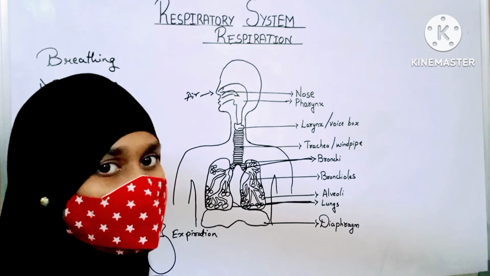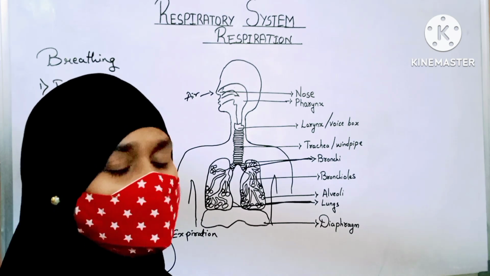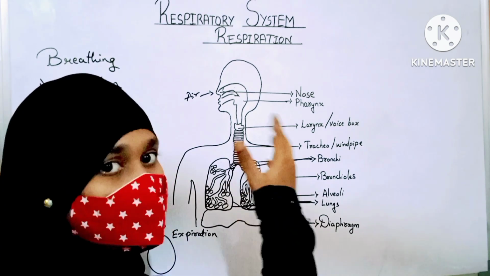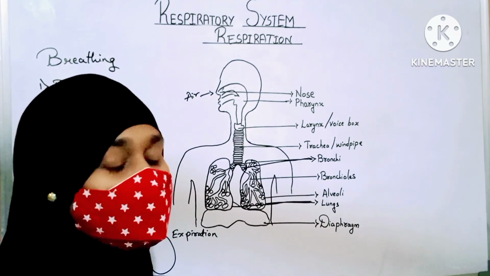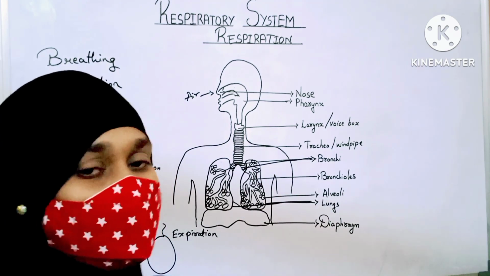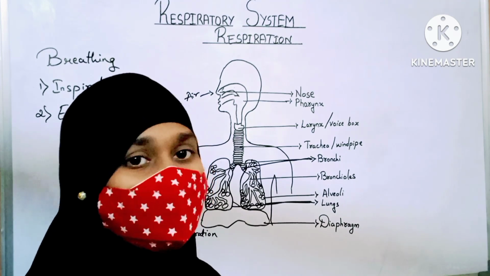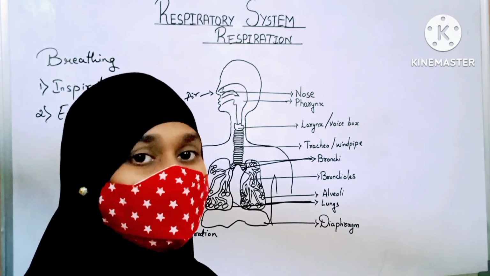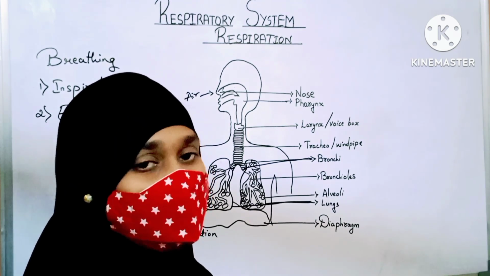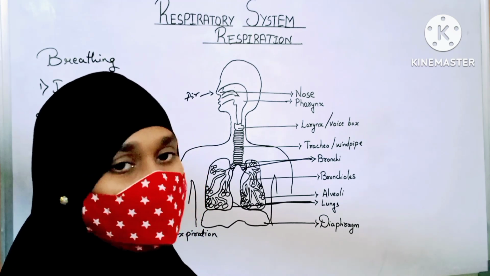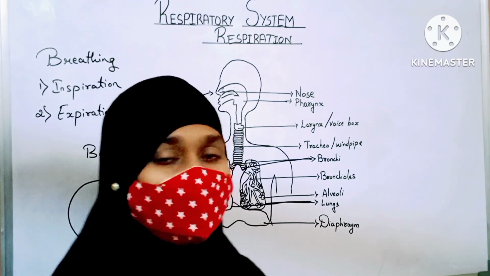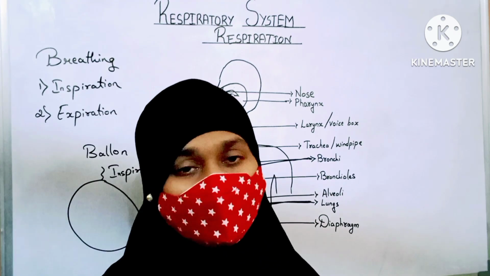That is a physical process. What is the chemical process? Respiration is a chemical process. The oxygen is used by the cell to break down food to obtain energy. This is the chemical process and the physical process. This is a short explanation of respiration.